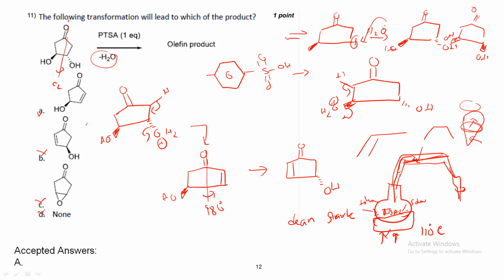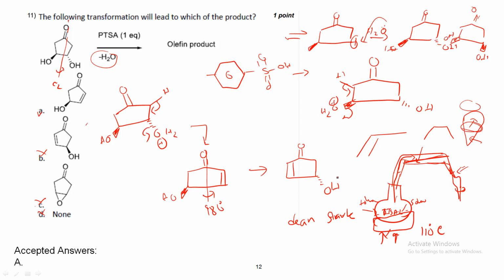So that's why when water comes, it directly goes to the bottom, and it would be collecting over this particular area. That's how H2O is removed, and it is stopped from coming back to the reaction vessel again.